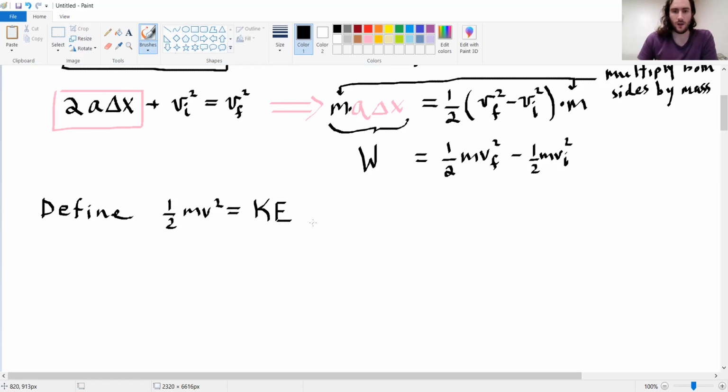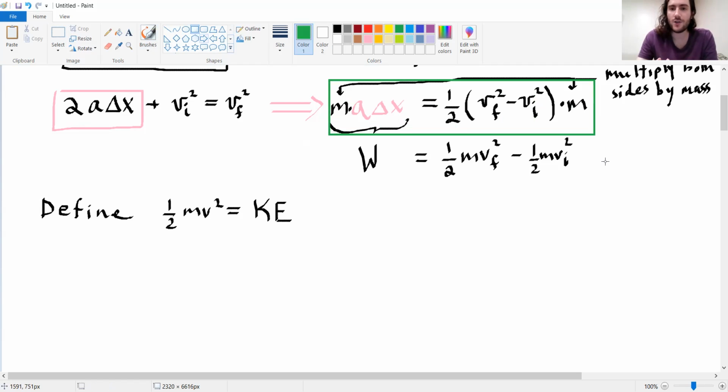Kinetic energy is energy that something has due to its motion. If we look at this expression with a green box around it, on the left side we have something to do with displacement and a force. On the right side, we have something to do with velocity.